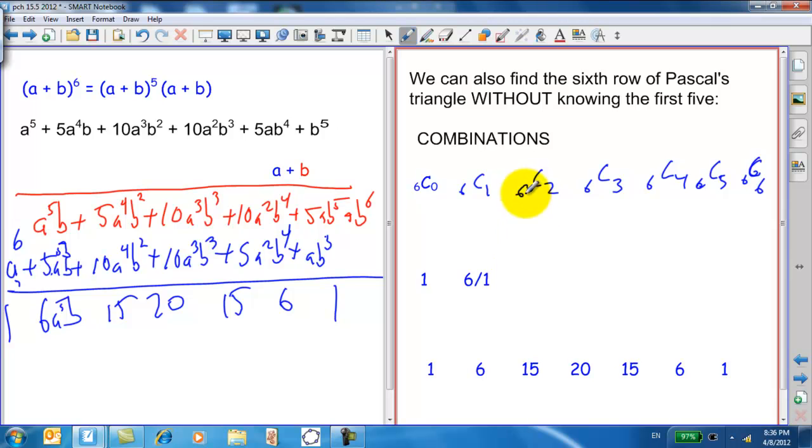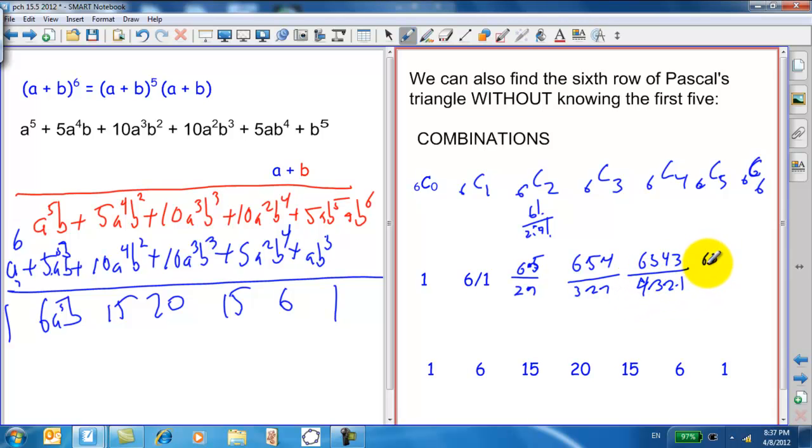That is, 6C2 is 6 factorial over 2 factorial, 4 factorial. So a lot of this cancels out. It just becomes 6 times 5 over 2 times 1. And so another way is 6 times 5 times 4 over 3 times 2 times 1. And then 6 times 5 times 4 times 3 over 4 times 3 times 2 times 1.